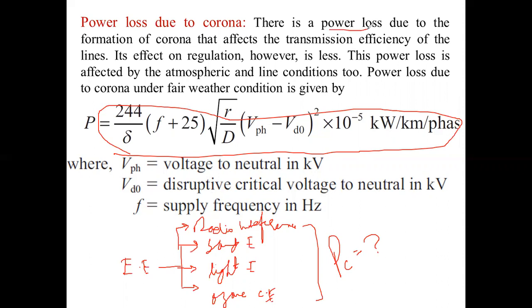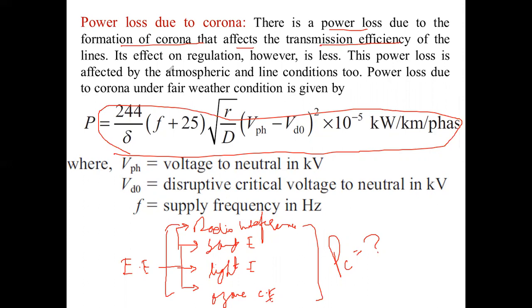There is a power loss due to the formation of the corona that affects the transmission efficiency. It reduces the transmission efficiency, because the losses appear in this form. Its effect on regulation, however, is less.